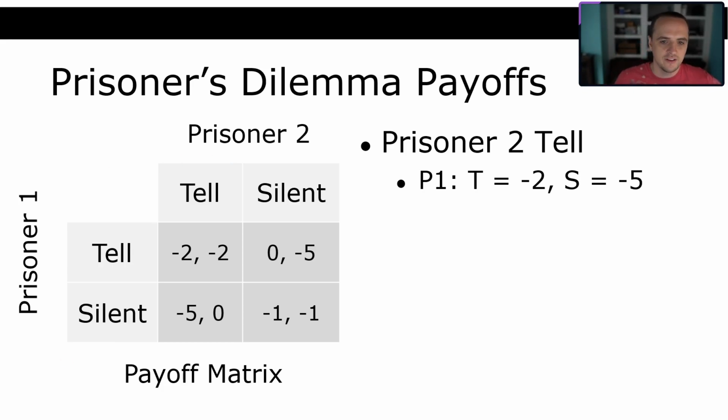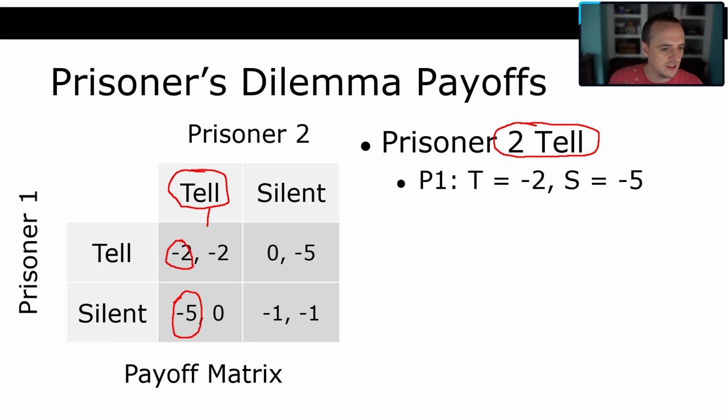So let's say now that we're looking at prisoner 2 is going to tell. So we are in this column of values here. So if they tell, well, if we tell, we get -2. If we stay silent, we get -5. So if they tell, us telling is better, right?